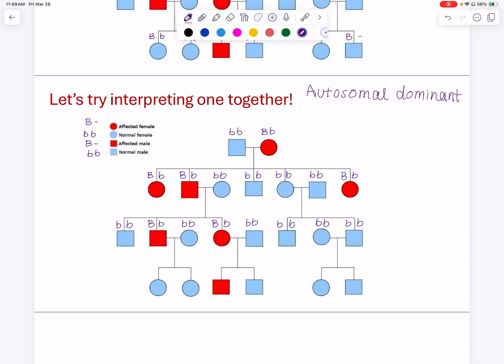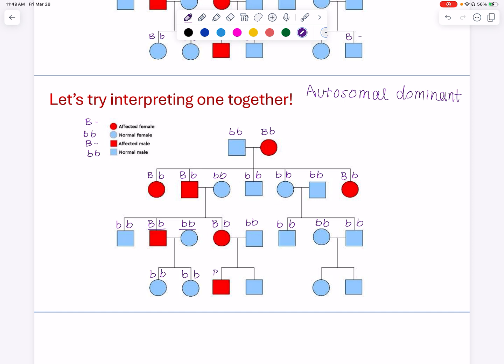Continuing on, starting on the left-hand side of the final row, we have 2 individuals that are going to be little b, and that is absolutely possible because our dad, we already know, is heterozygous, and our mom is homozygous recessive, and so sure enough, we can get little b's all around.